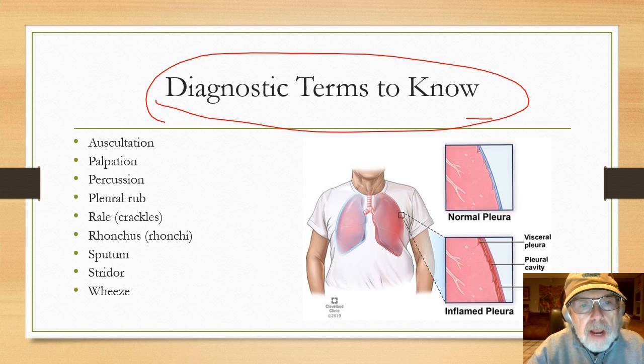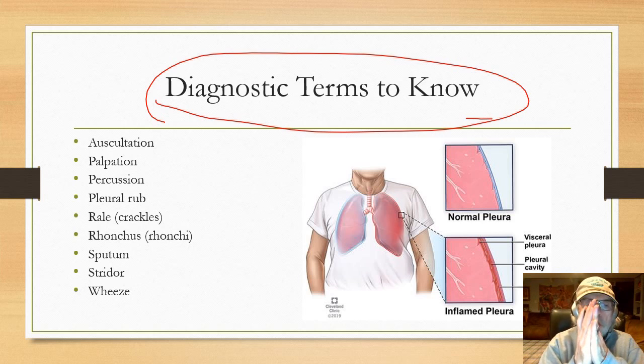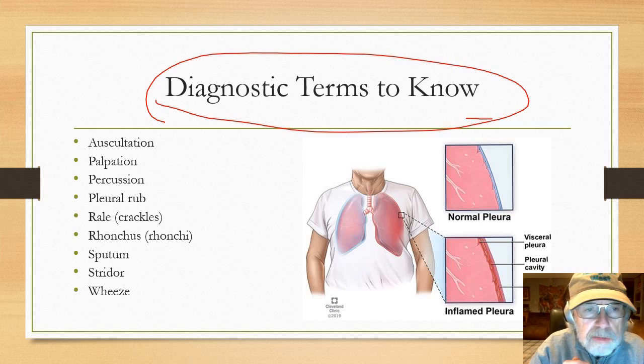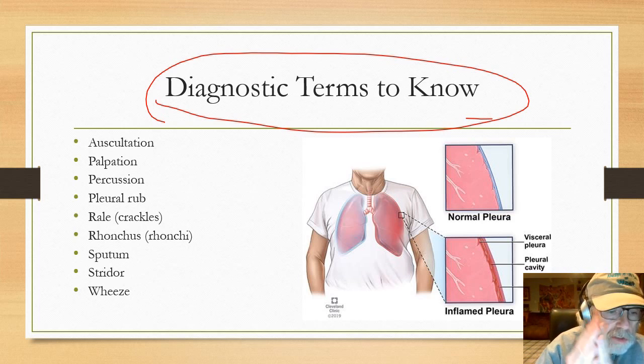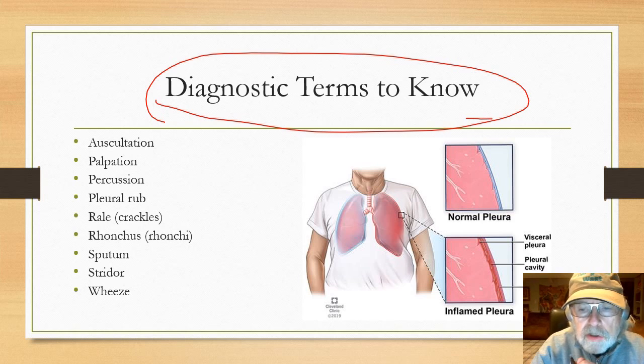As a result, when people take a deep breath, the visceral pleura and the parietal pleura will scrape along each other. Some people describe this as sounding like rubbing two pieces of sandpaper together. And that's what we get with a pleural rub. In the area where the pleura is inflamed, you'll hear this sandpapery rub when you listen over the top of it. And that's called a pleural rub.